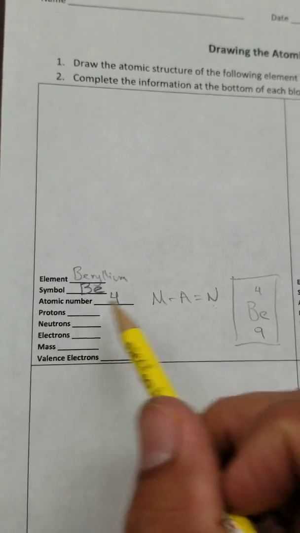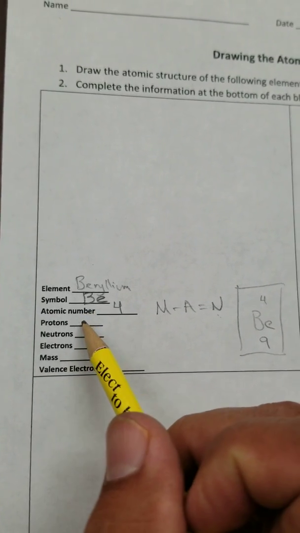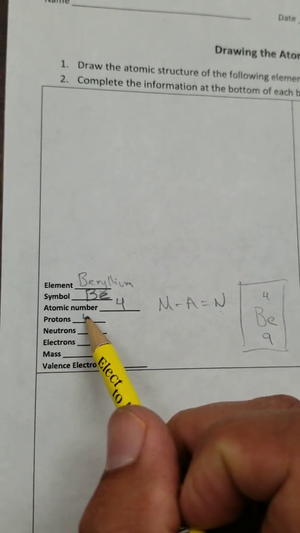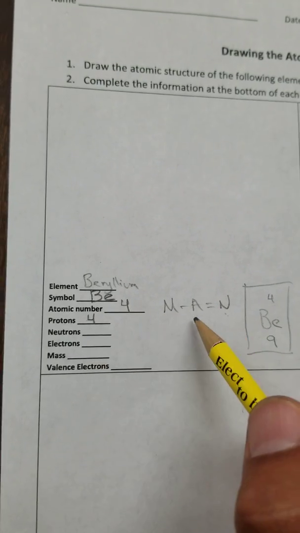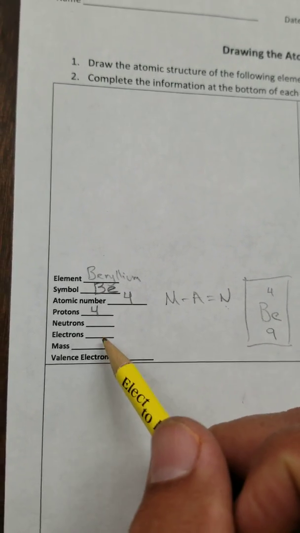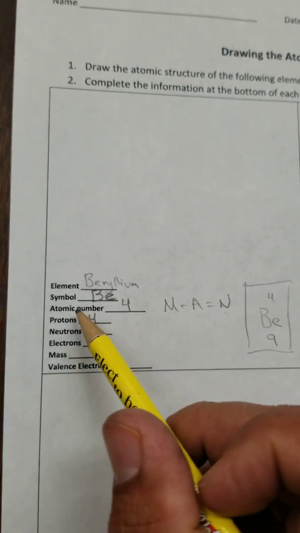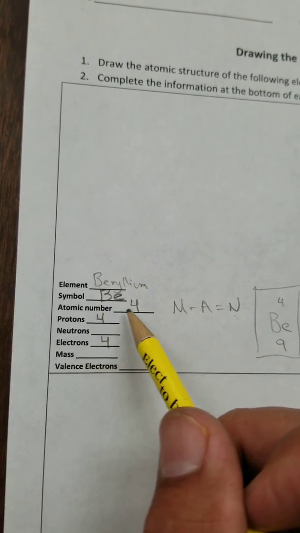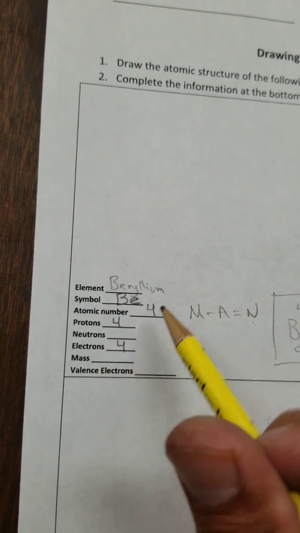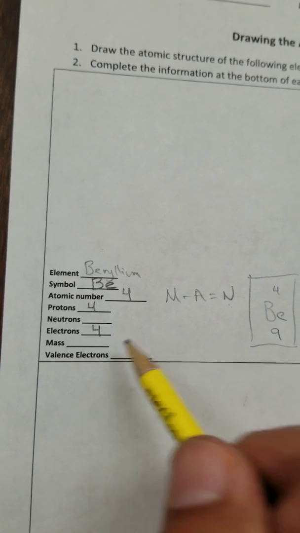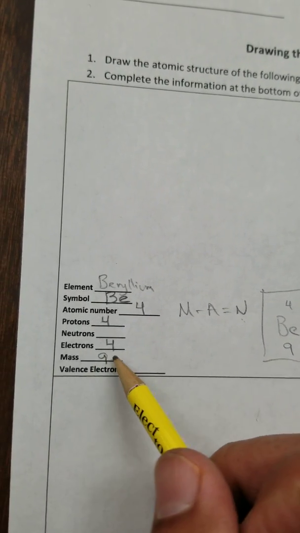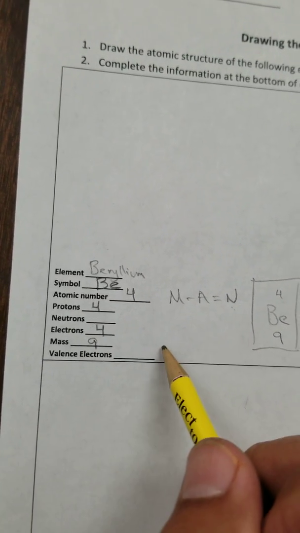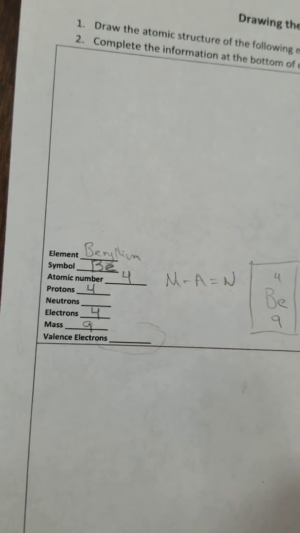The number of protons is always the number of your atomic number. Okay, the neutrons, you have to use the 8-man, so we're going to skip that one. The electrons is also going to be 4. Remember, the atomic number represents protons and electrons. The mass is the number on the bottom, which is a 9. And then the valence electrons, you have to wait until you do your atomic structure to do that one.